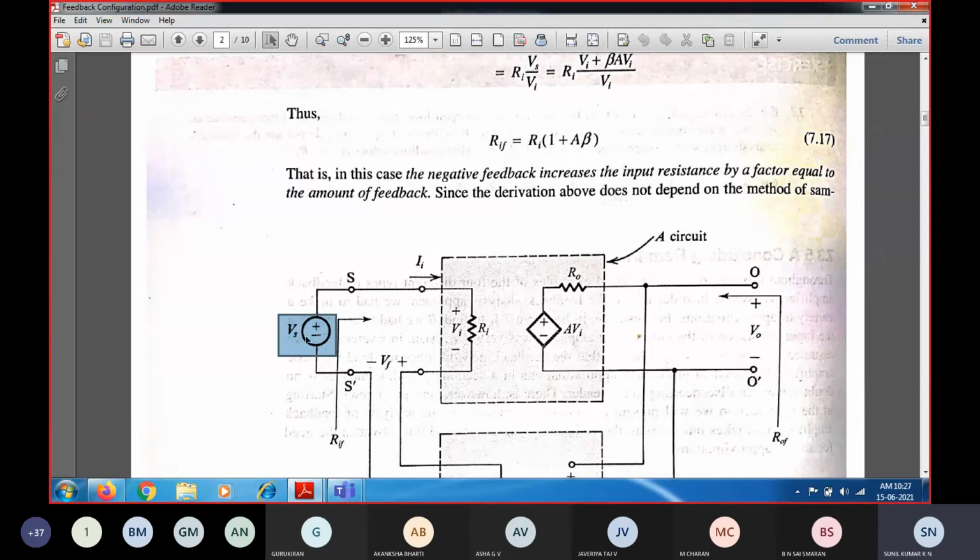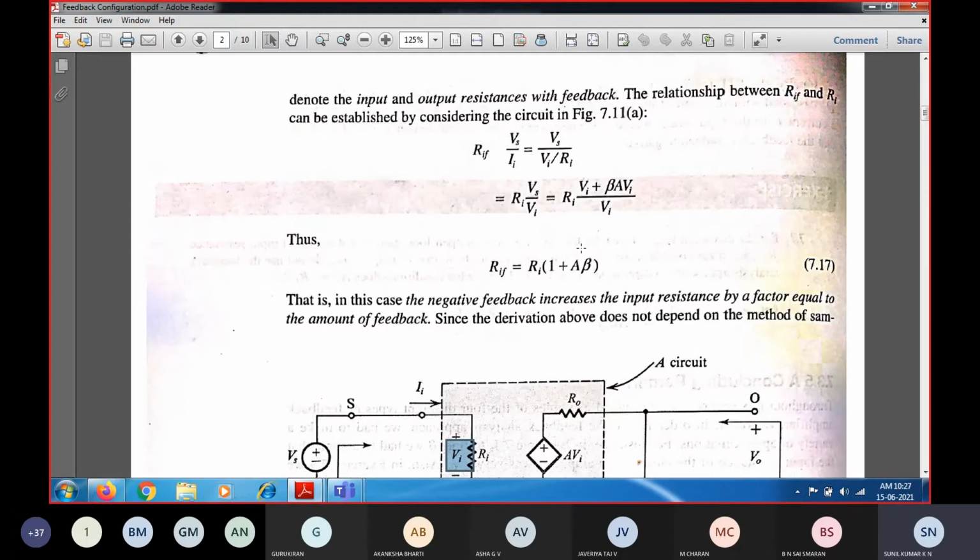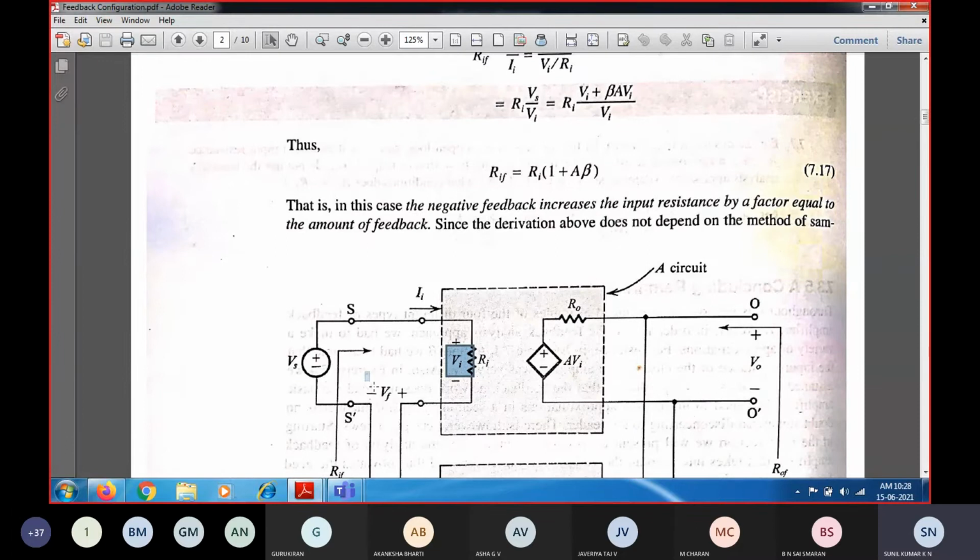The input source voltage is subtracted with the feedback voltage because it is negative feedback, and that gives the error voltage Vi. Now Vs will be equal to Vf plus Vi, since the minus goes to the right hand side. So Vs will be equal to the feedback voltage plus the input voltage.